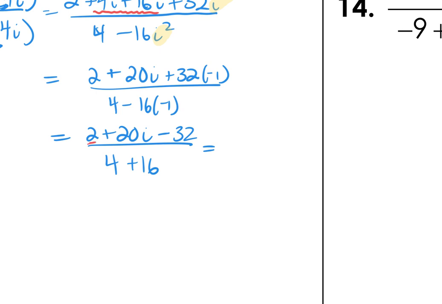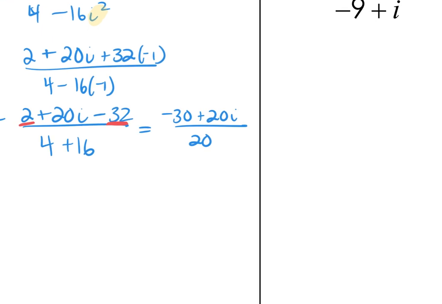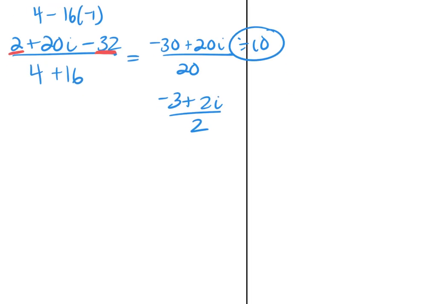I'm going to combine like terms in the numerator. 2 minus 32, I get negative 30. 4 plus 16, we get 20. Let's simplify. Let's divide everything by 10. So I get negative 3 plus 2i all over 2. I'm already in real and imaginary, so I'm just going to break it up: negative 3 over 2, 2i over 2.